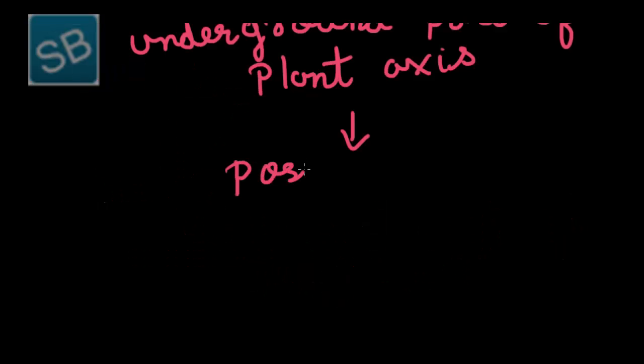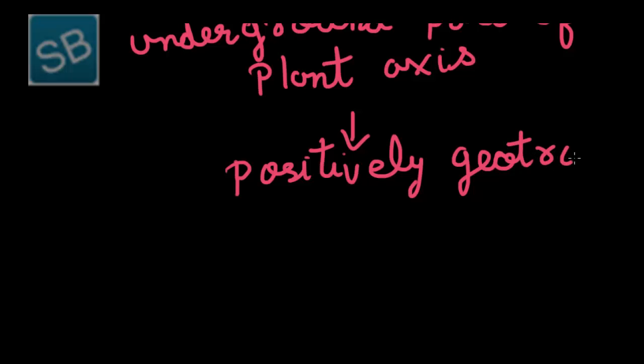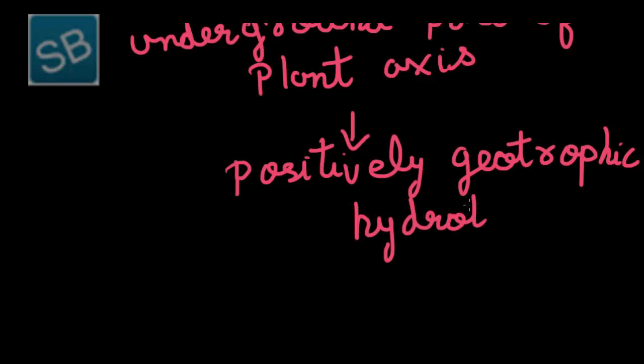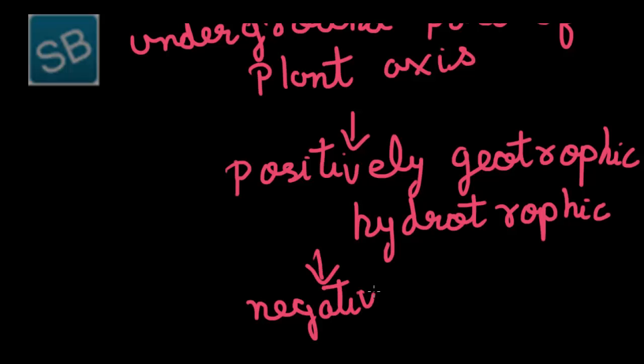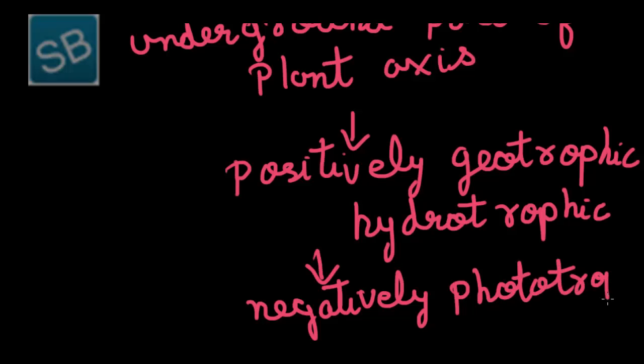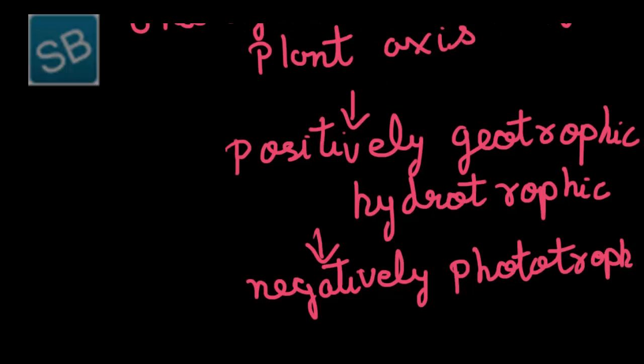Moreover, it is positively geotropic and hydrotropic, and negatively phototropic. Positively geotropic means that it grows towards the gravitational force, and negatively phototropic means it grows away from the sun, and therefore it lacks photosynthesis and thereby chlorophyll.